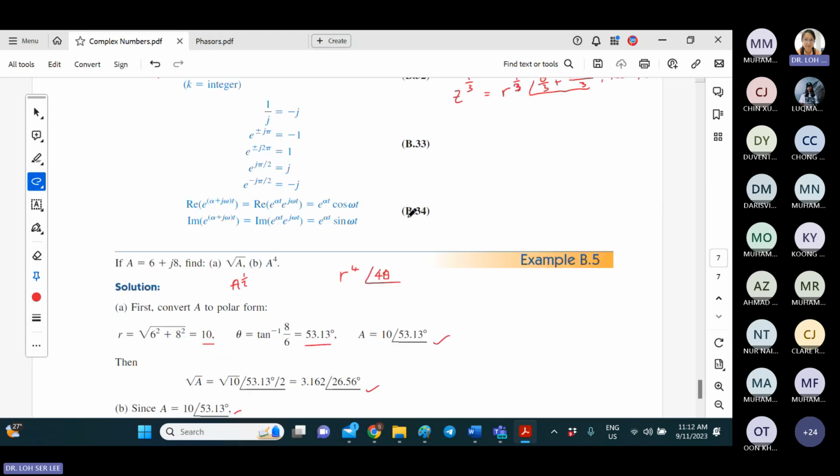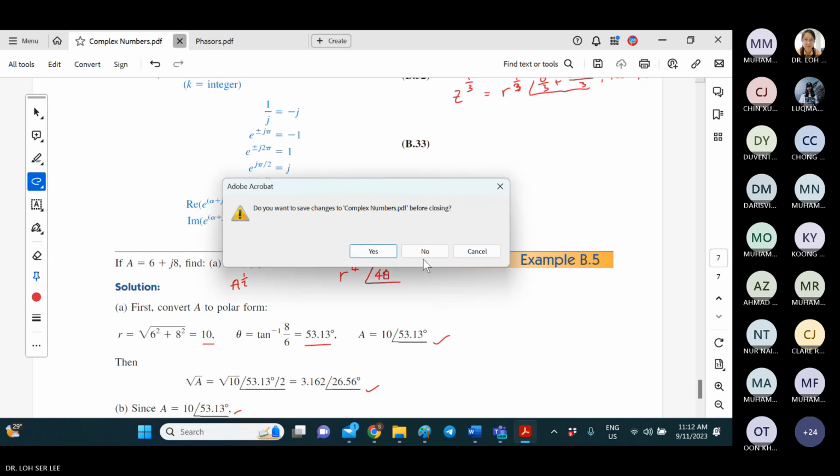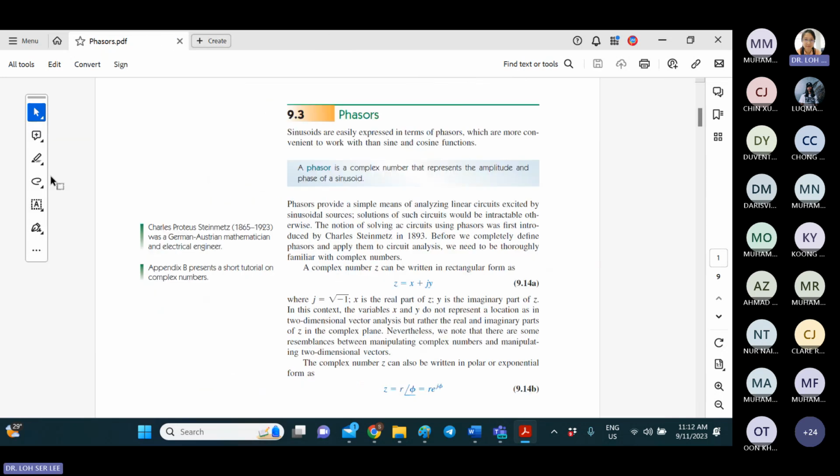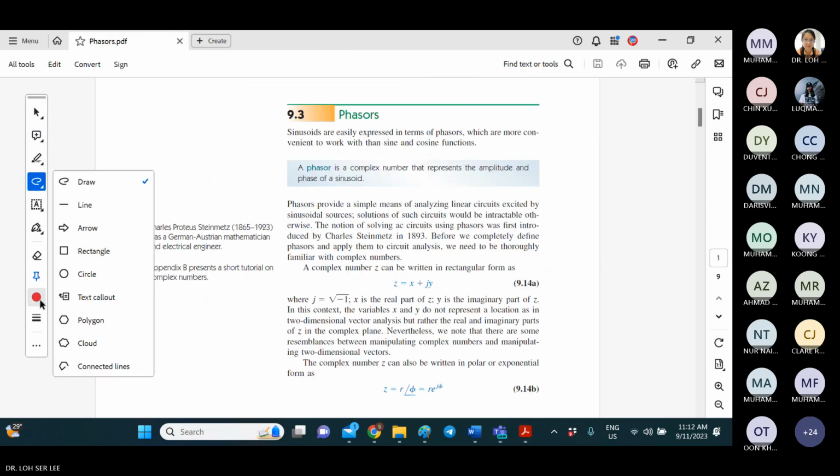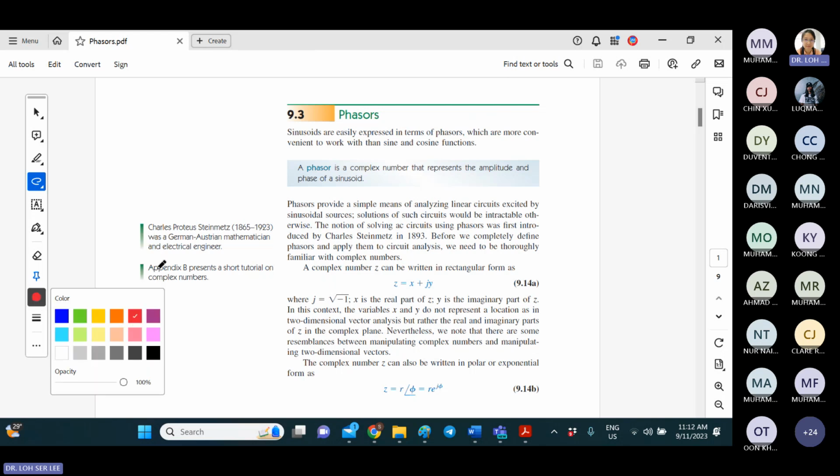Today I want to proceed to the application: phasors. This is what you will see in Electrical Circuit 1.